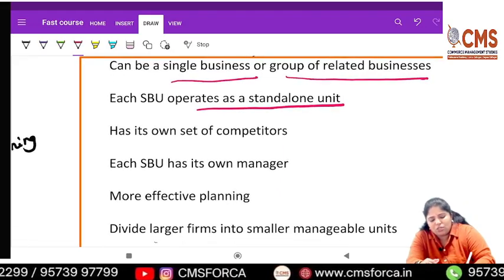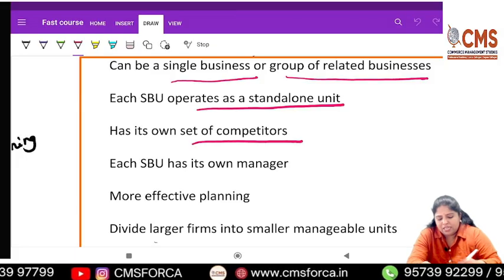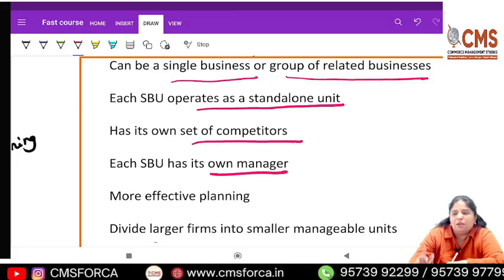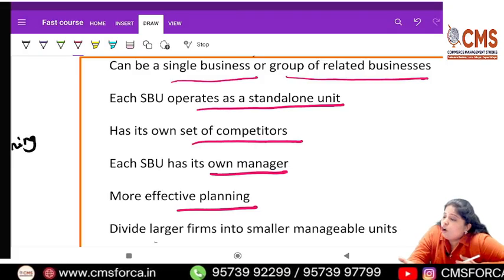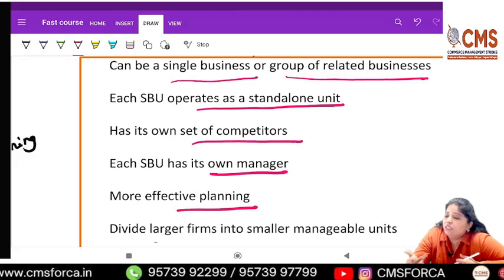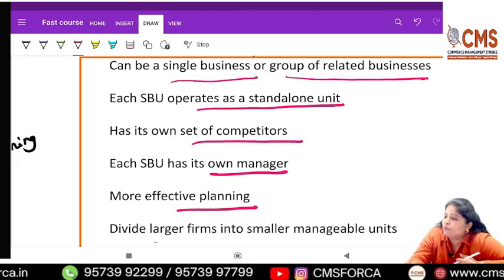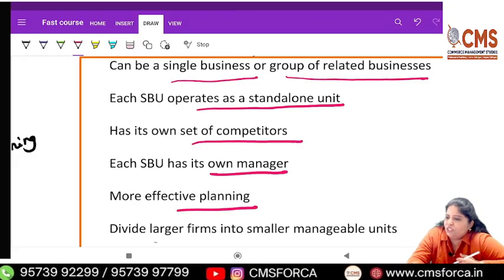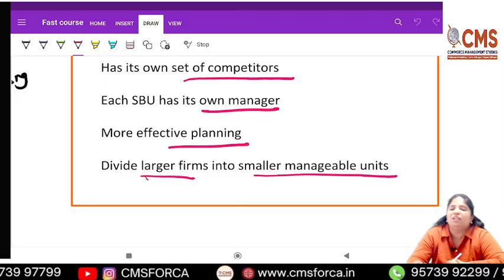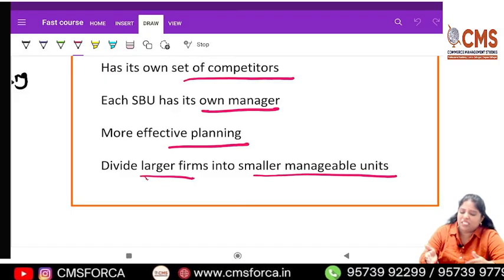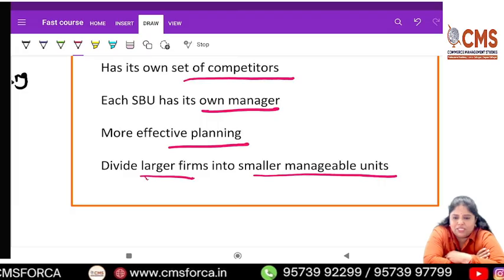It has its own set of competitors. Each SBU has its own manager and more effective planning. Good coordination, communication, planning and monitoring are possible in the SBU structure. Larger firms can be divided into smaller manageable units. I think we started with this point under relevance.